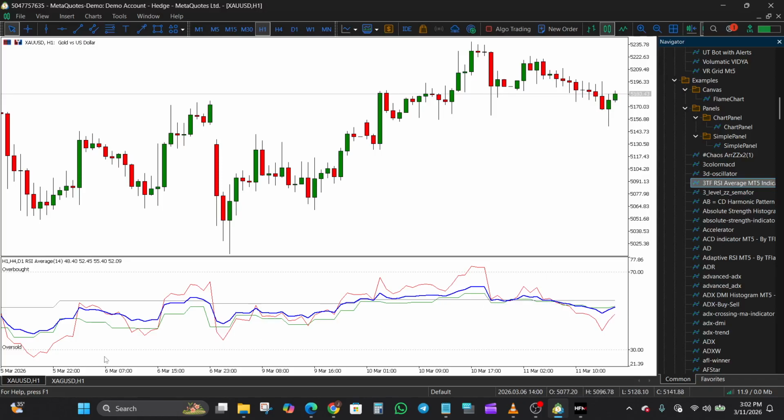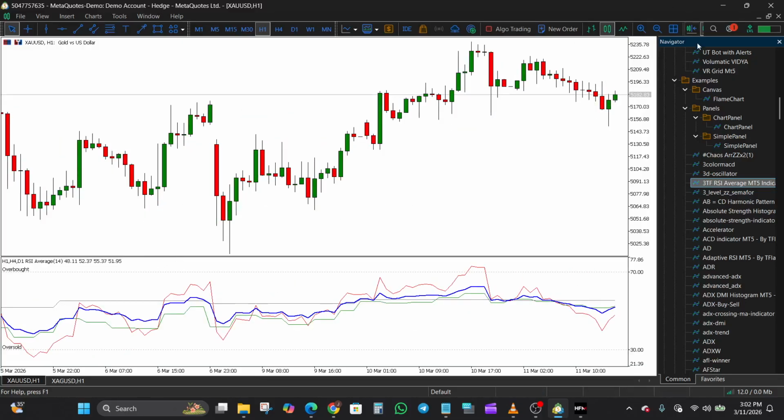Now, when the indicator is within the oversold territory, particularly the red line, you want to look out for a possible reversal to the upside.